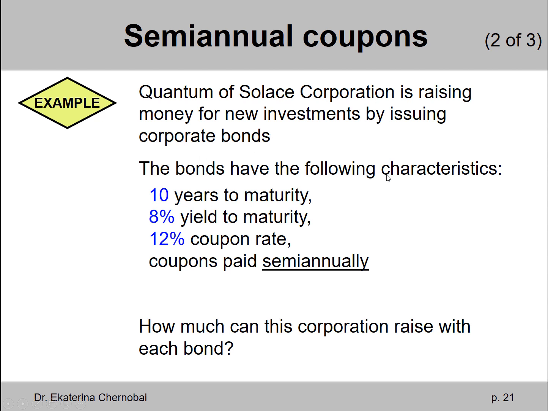The bonds have the following characteristics: 10 years to maturity, 8% yield to maturity, 12% coupon rate, and coupons are paid semi-annually. Same question as in the previous problems. How much can this corporation raise with each bond? In other words, we are asked to calculate the bond value.